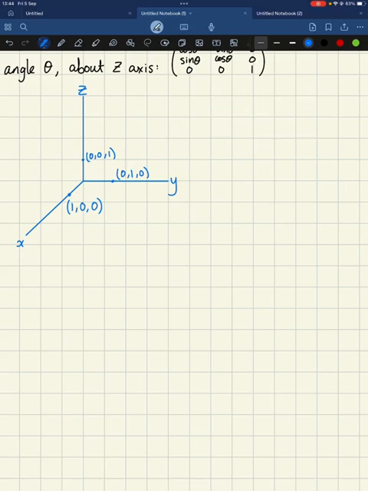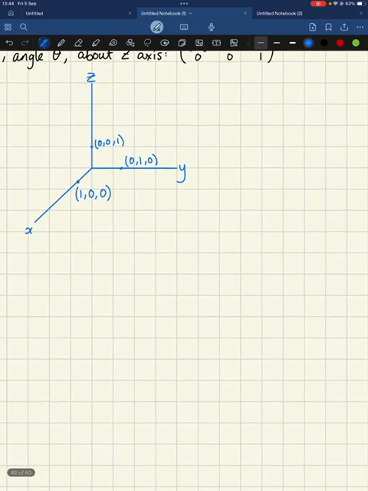Okay, so we are going to do a rotation about the x-axis. Now, like in 2D, if we have a rotation about a line, so if we have the line y equals x, if we rotate stuff around it, the fixed points are on the line y equals x, so they're all invariant.